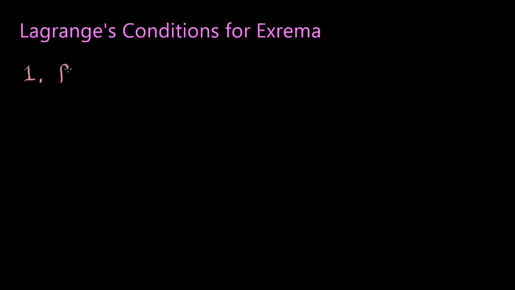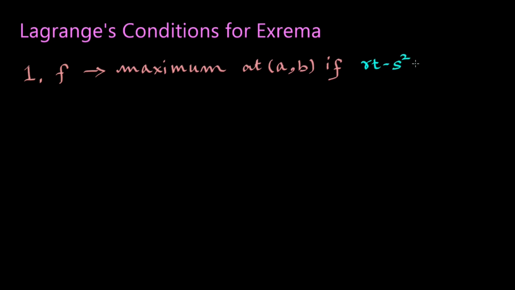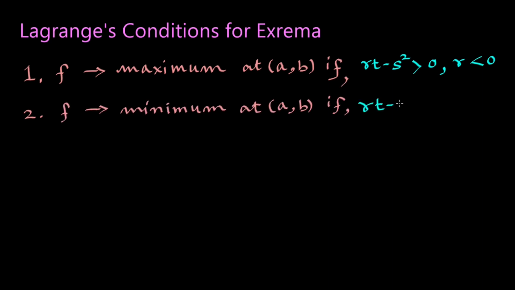Accordingly, number 1, function f attains maximum at (a, b) if rt minus s squared is positive and r is negative. Number 2, f has minimum at (a, b) if rt minus s squared is positive and r is also positive.